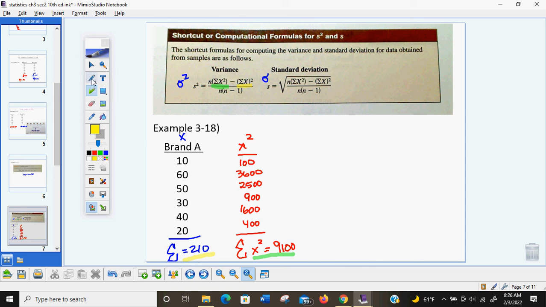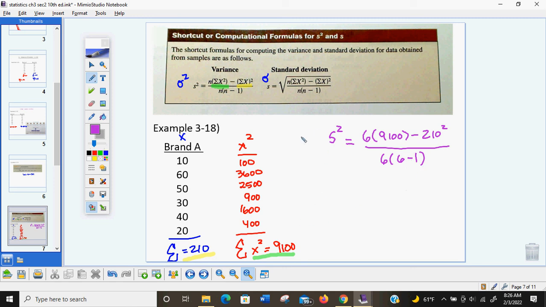You have to be really careful. So let's follow the formula. I'm going to do variance first. S squared equals N, the number in the sample is 6, times the sum of the x squared column, which is 9,100, minus the sum of the x column squared, 210 squared, over the number in the sample, which is 6, times 6 minus 1.